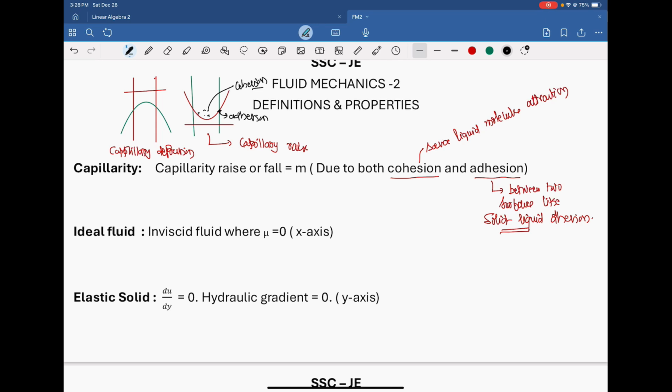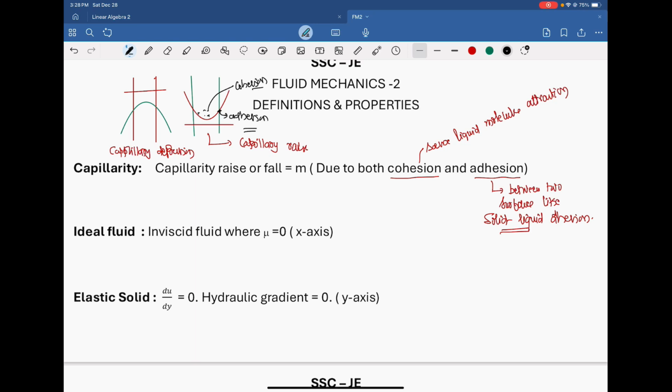Due to both cohesion and adhesion there will be capillary rise and capillary fall, or we can say capillary depression. This is regarding the definition.